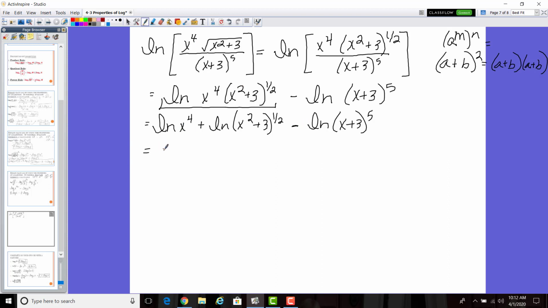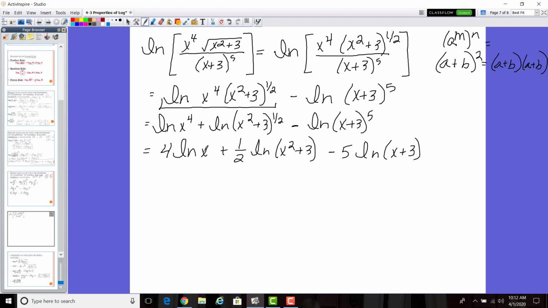Each of these 3 logs has a power, so using the power rule, I can pull that down in front of each natural log. Then I need to check again. I have 4 times the natural log of x.